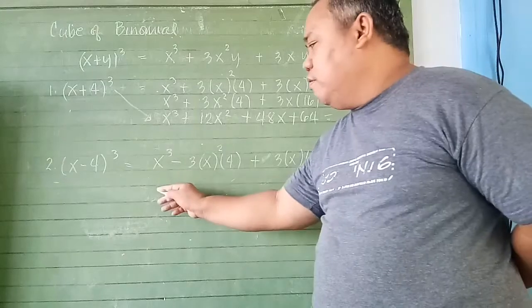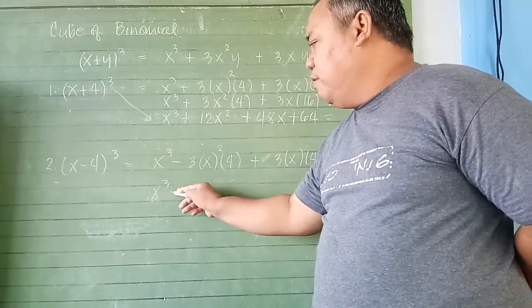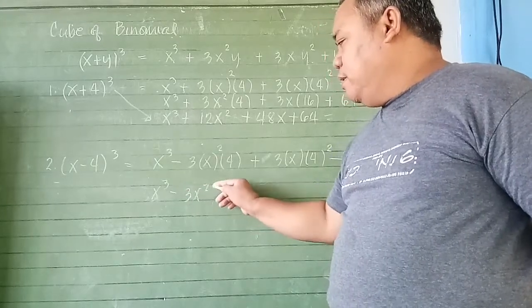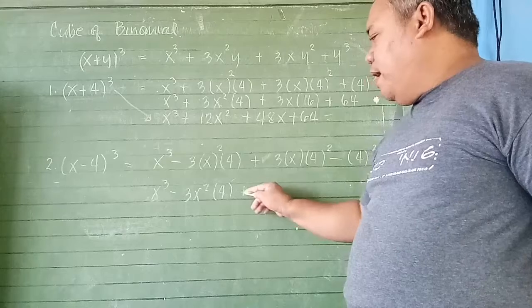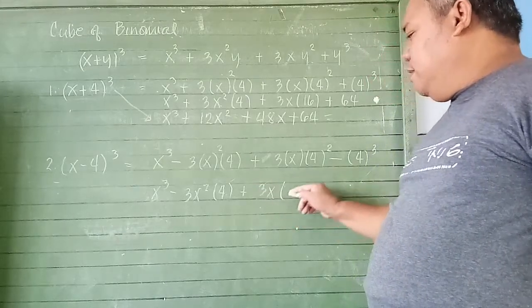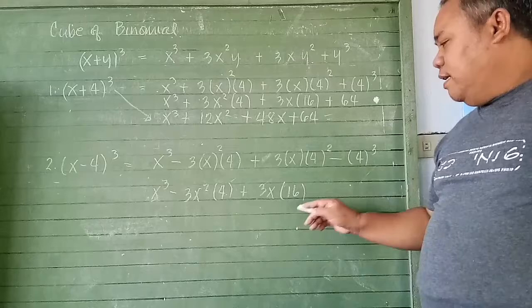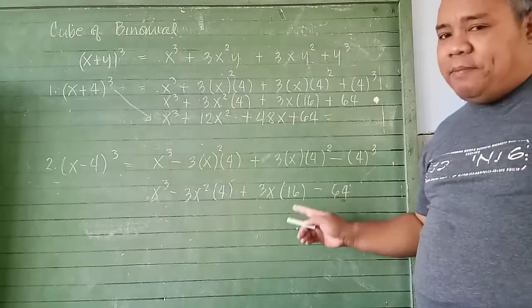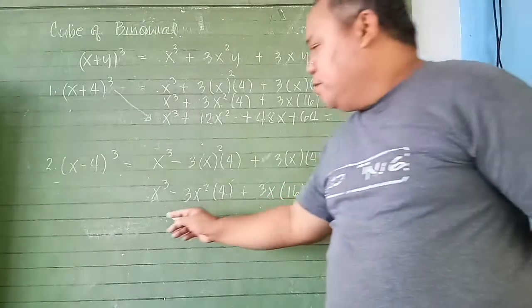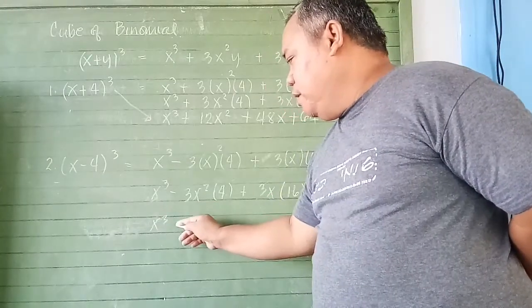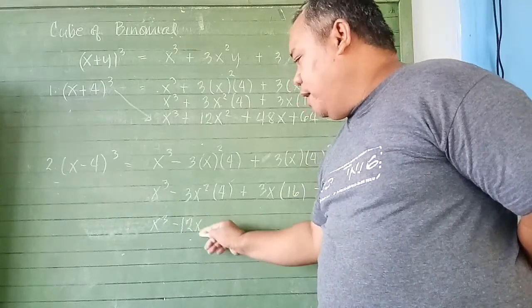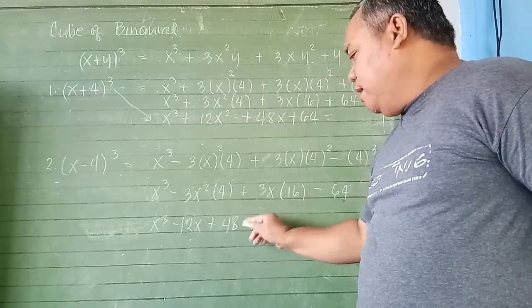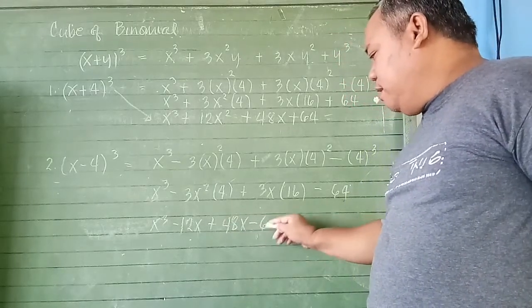Okay, so this is x cubed minus 3 x squared times 4, plus 3x times 16, and then minus 64. Okay, so hanggang may parentheses, you're not going to stop solving. So this is x cubed minus 12 x squared plus 48 x minus 64.